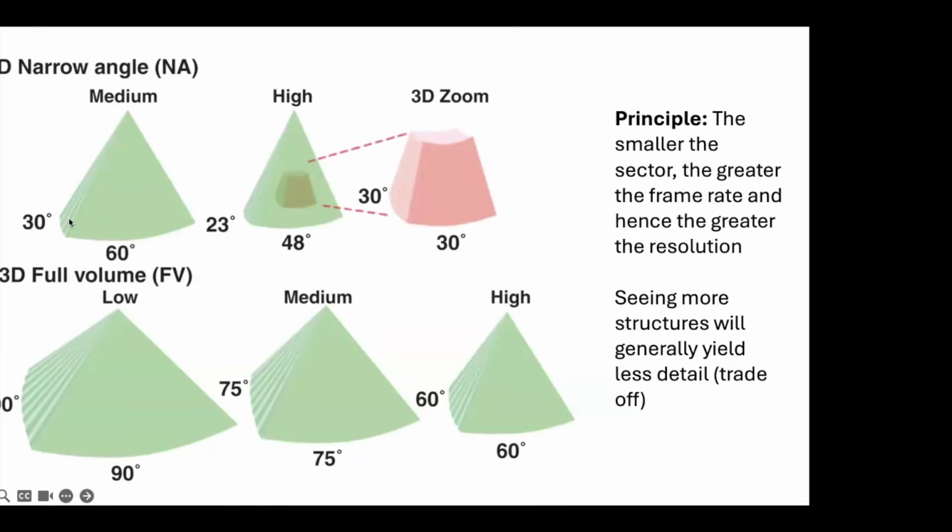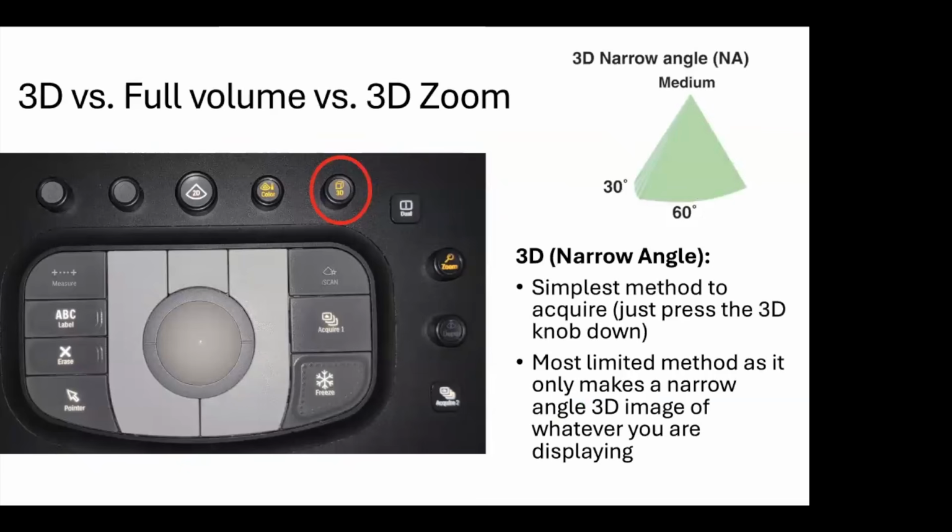It provides a bit of depth, usually like 30 degrees of depth or so. Versus full volume, which takes a much bigger volume, a much bigger pyramid, you get more data within that. But as a result, because you have more data to process, the frame rate will be lower. So that's another important principle to understand, that the smaller your sector is for the 3D acquisition, the higher the frame rate and the higher the resolution you're going to get.